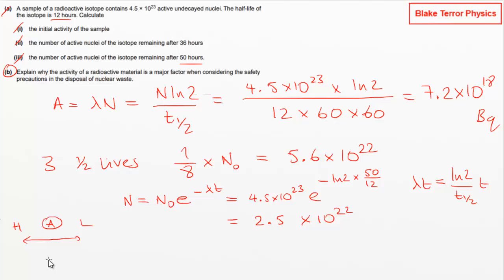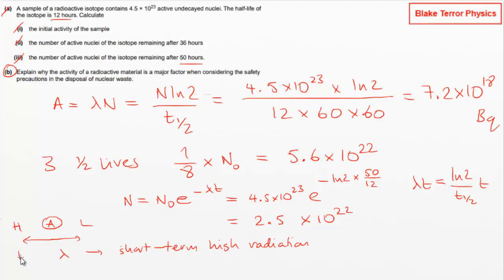If you've got high activity, as in a high value of our decay constant, then you've got big initial problems. You've got short-term high radiation. So you've got a lot coming out in the short term that you need to manage in a certain way.